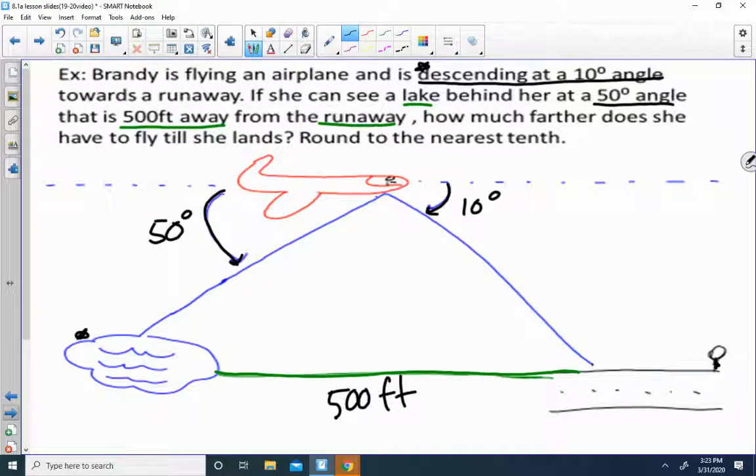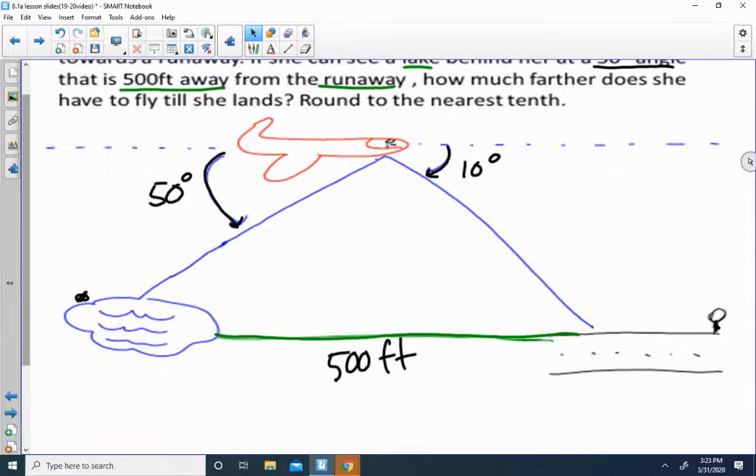And then given this information, how much farther does she have to fly until she lands? Okay, so before we get to the question we're trying to solve, let's just look at what we have and see what we can come up with.